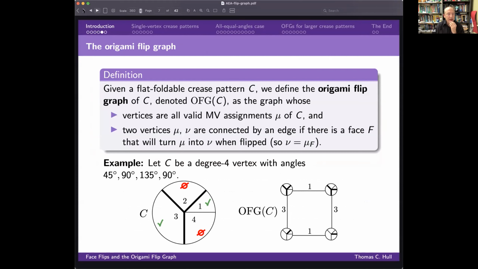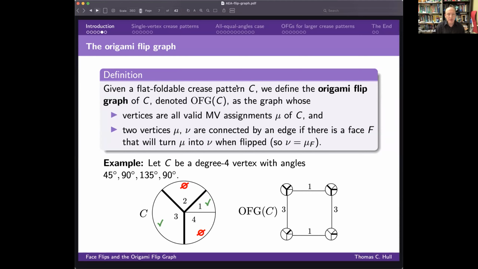So, and that leads to this thing that I like to call the origami flip graph. Okay, so here, this is a way to visualize how face flips react with one another, and change a mountain valley assignment. So we create a new graph.